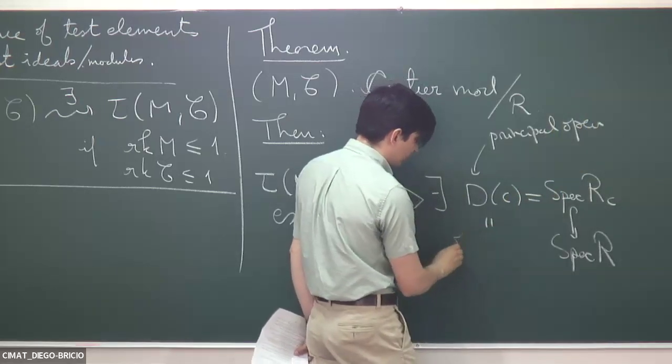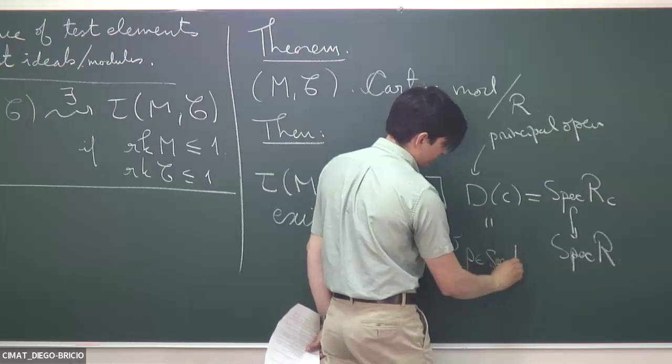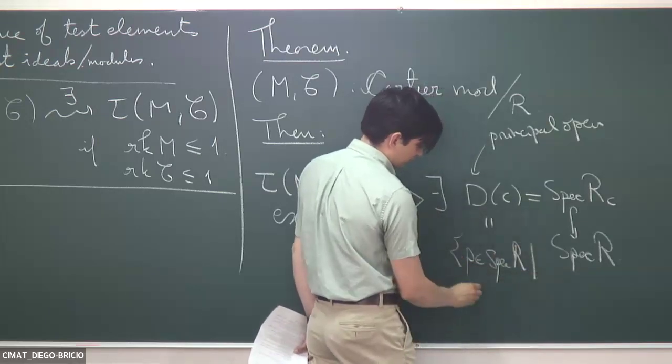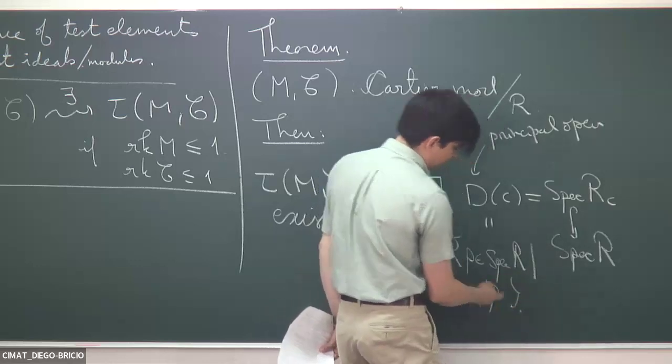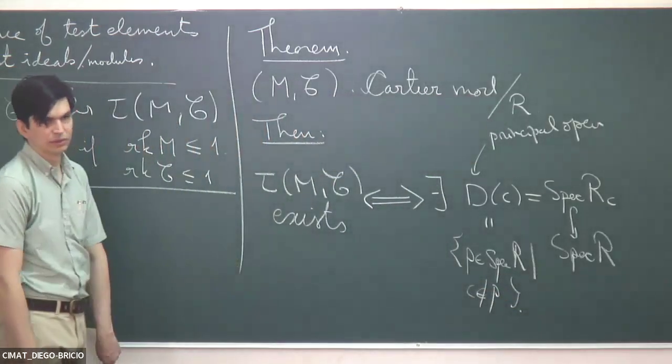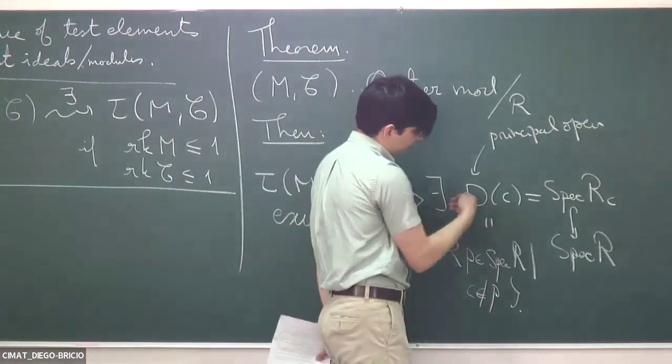Remember, these are the primes in the spectrum such that c avoids P. c doesn't vanish as a function at P. Right? Or in other words, you can look at the closed subset cut out by c, and this is the complement.